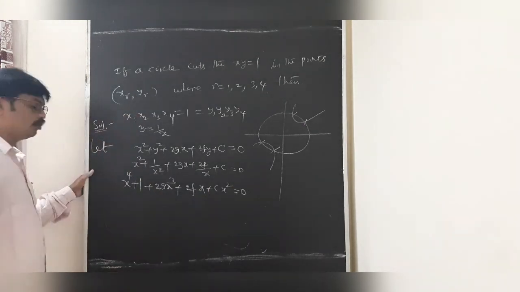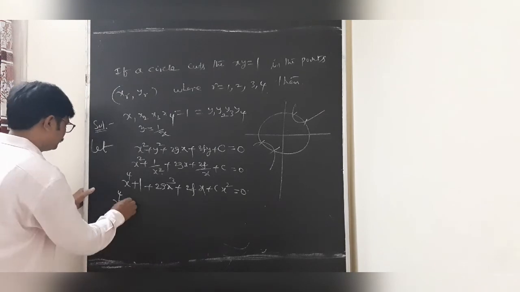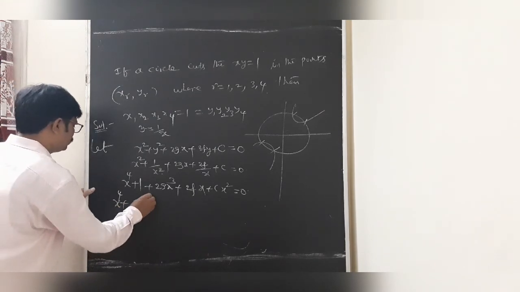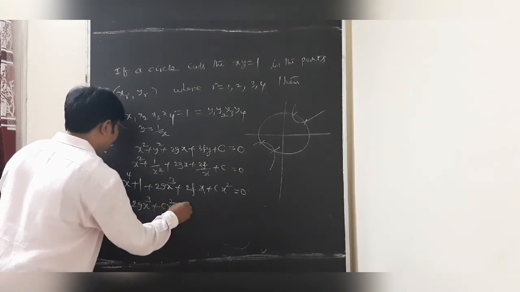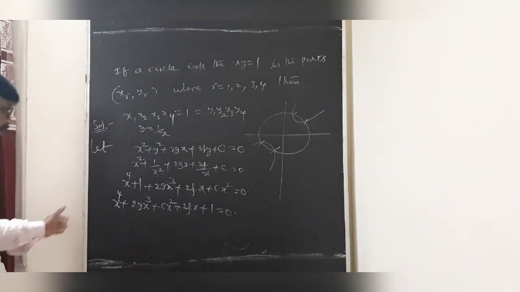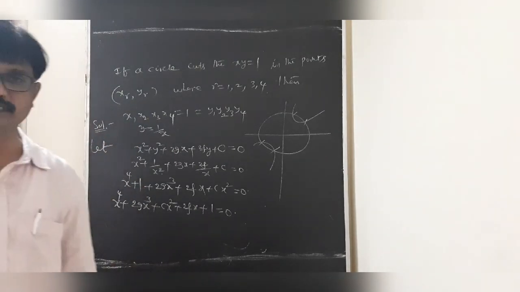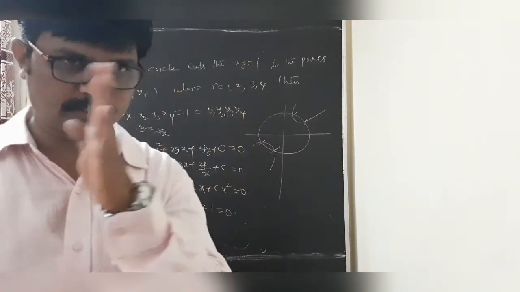This is a fourth degree equation in x. So first write x power 4 plus 2g x cube plus c x square plus 2fx plus 1 equal to 0. It has 4 roots, those are x1, x2, x3, x4.